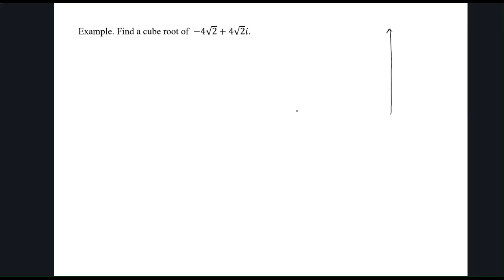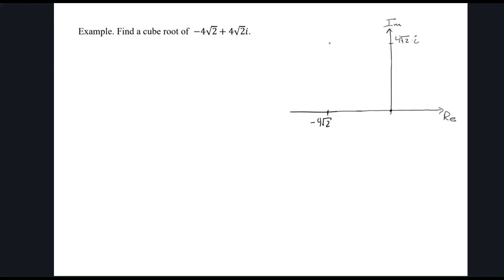It has a negative real part and a positive imaginary part, putting us into the second quadrant. I'm just going to put these values 4 root 2i and negative 4 root 2 at about the same distance on the axes. They're the same number except one's positive, one's negative, so the same distance from the origin.